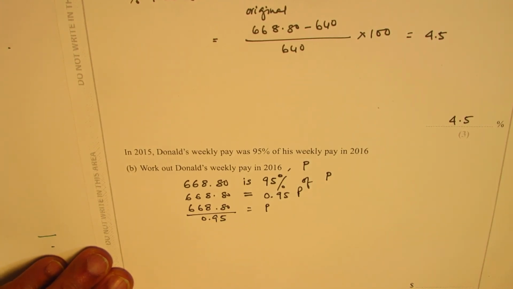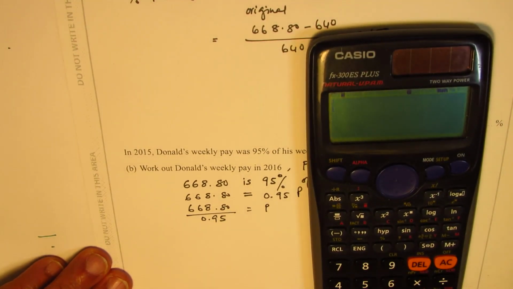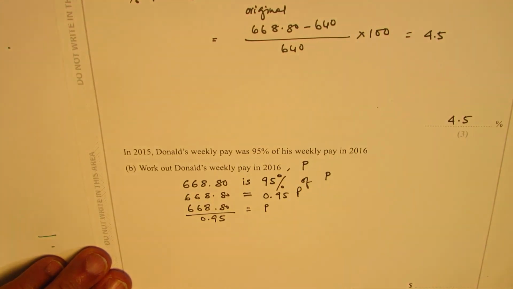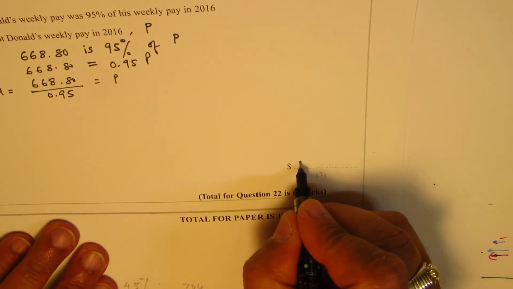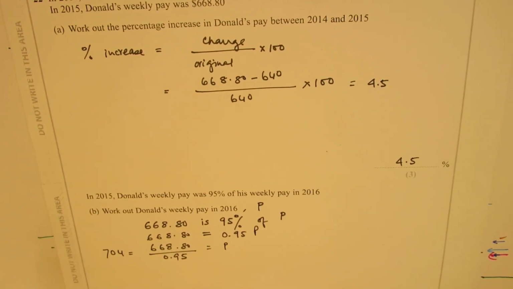So you expect a higher value, right? 668.8 divided by 0.95. So that gives you 704. So your answer here is $704. Perfect. So that is how you're going to answer this question.